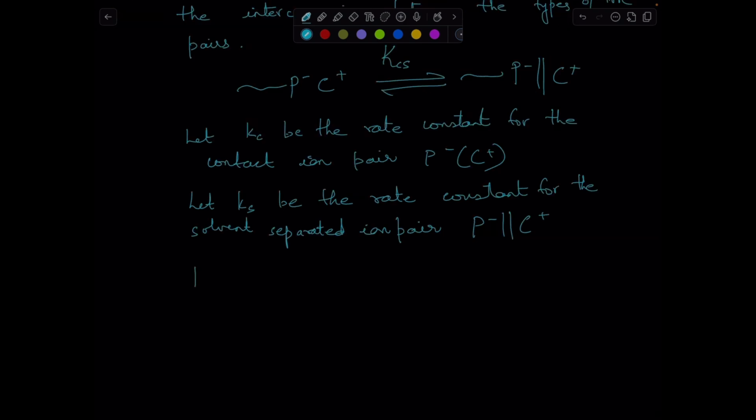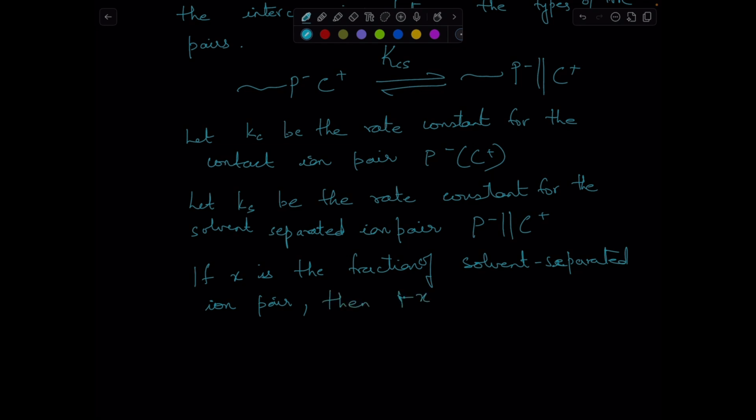So if X is the fraction of solvent separated ion pair, then 1 minus X would be the fraction of contact ion pair.